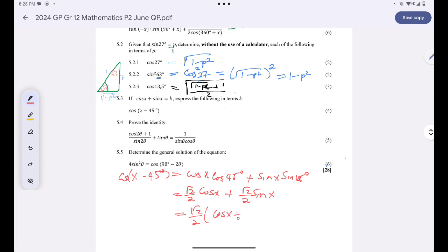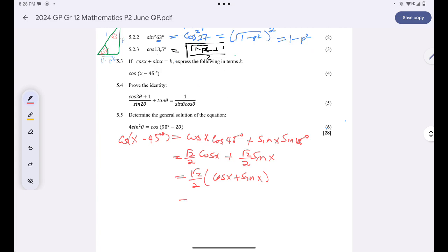I'll be left with cos x plus sine x, and I was told that cos x plus sine x can be written as k. So it simply means I'll have root 2 over 2 multiplied by k altogether. So here I'll just say root 2 over 2 multiplied by k.